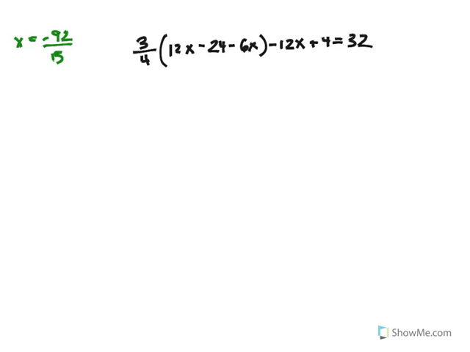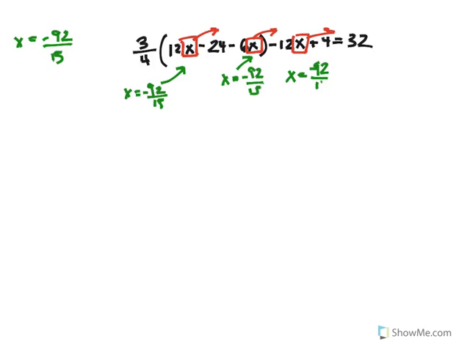And now, everywhere I see an x, I need to take the x out. This is what we learned about evaluating an expression, and we put the answer in. So now we rewrite the equation with negative 92 over 15 everywhere we had an x. So I write it like this.